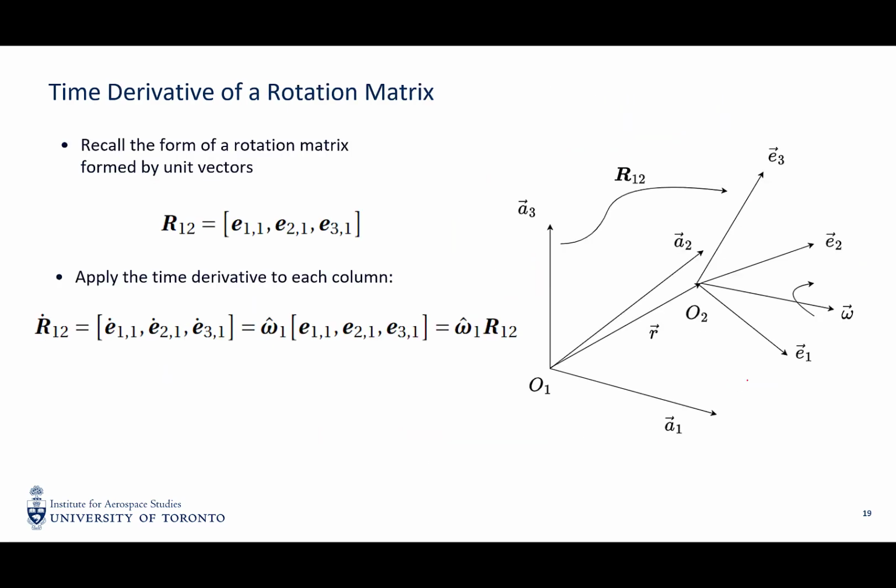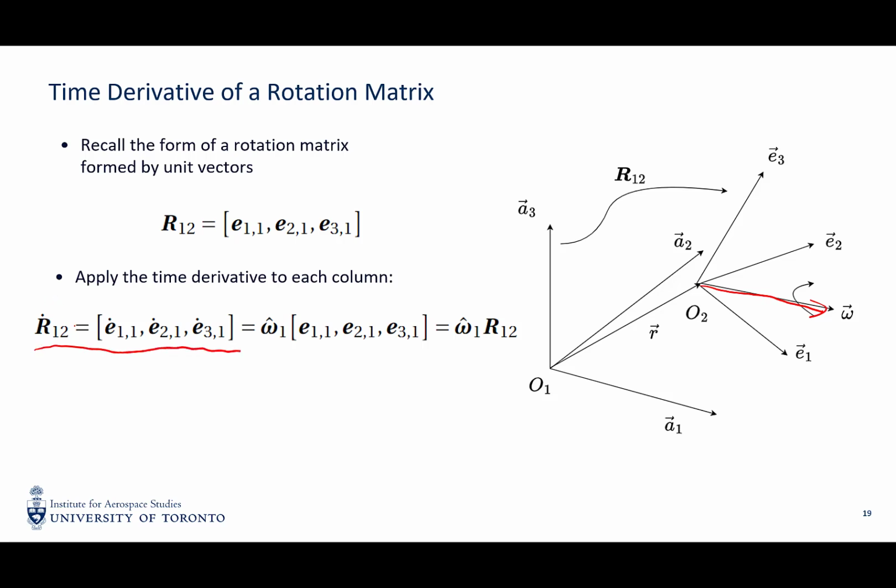The reason why we do the analysis of angular velocity and the relation between the angular velocity and the rate of change of the unit vector is that by using this definition, if we define an angular velocity of a coordinate frame, say right now we have a frame that is rotating relative to frame 1, then what is the rate of change of the rotation matrix here?